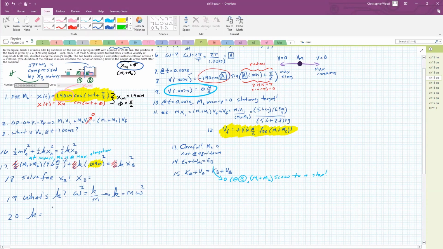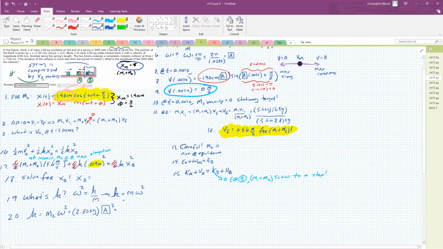But the K value corresponds to M2. So this is going to be M2 times omega squared. And my M2 is 2.8 kilograms times omega squared, or alpha A squared, equals 2.8 times alpha A, equals some big number. I'll put that in calculator memory location C.